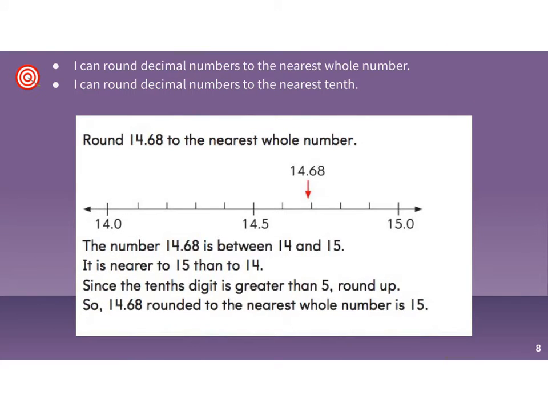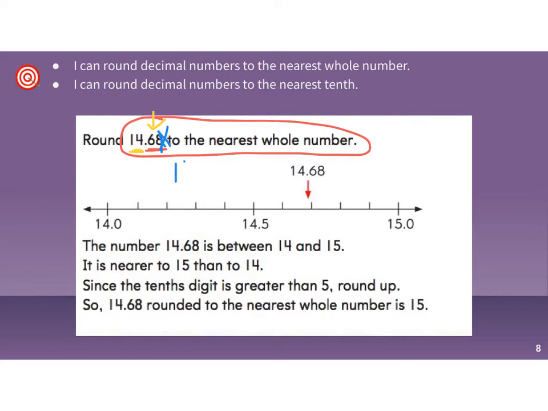Now this one says round 14 and 68 hundredths to the nearest whole number. There's 2 digits after the decimal. It goes up to the hundredths place, but I'm going to follow the same strategy. I'm just going to find the whole number and look one place to the right. So really, I can ignore anything beyond that one place to the right.